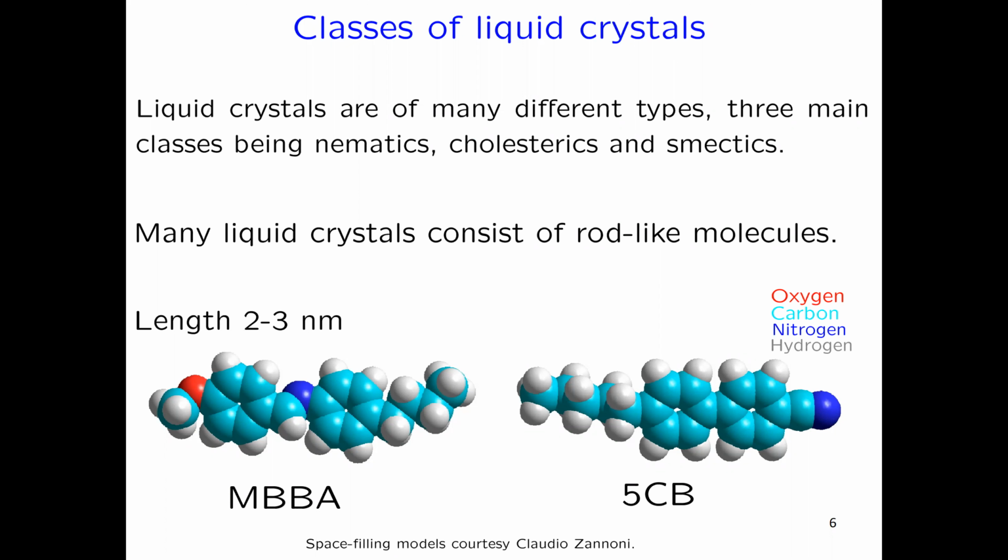Lots and lots of studies are done on these molecules, and you see it's color-coded so that the carbon atoms are in this light blue, and the hydrogen in the sort of gray. There's a nitrogen atom there, and there's an oxygen atom there. So they're very small, 2 to 3 nanometers in length. So very difficult to see using microscopy.